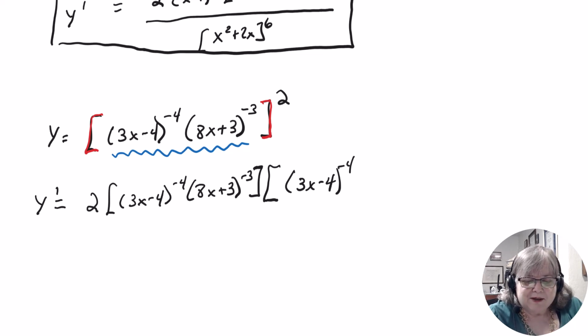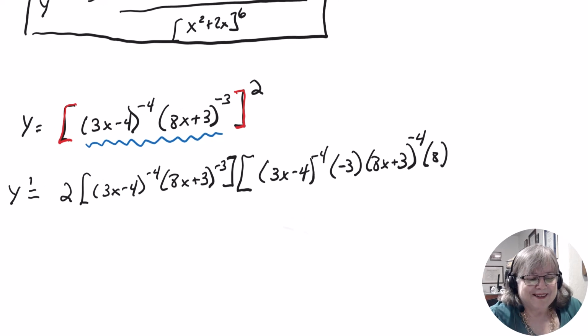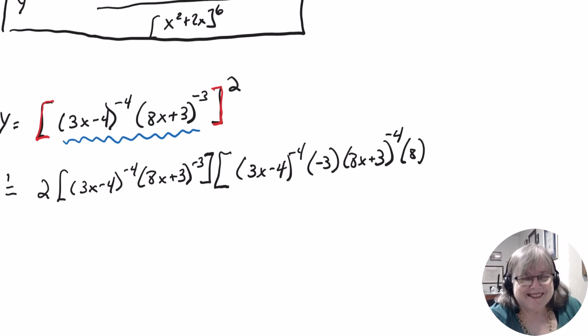So we would bring down the minus 3, leave the inside alone, take 1 off the power. Well, minus 3 minus 1 is minus 4. Loop back in. Don't forget to loop back in. Take the derivative of the inside, which is 8. I don't know if it's going to fit on the screen.